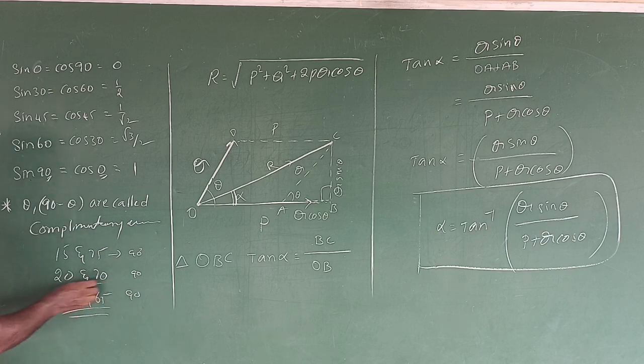These are called complementary angles. If the sum of two angles is equal to 90, then they are called complementary angles.